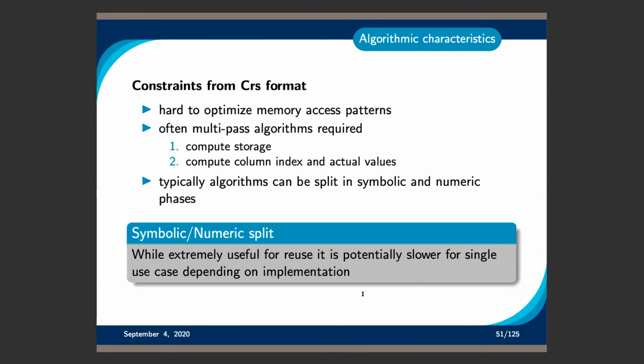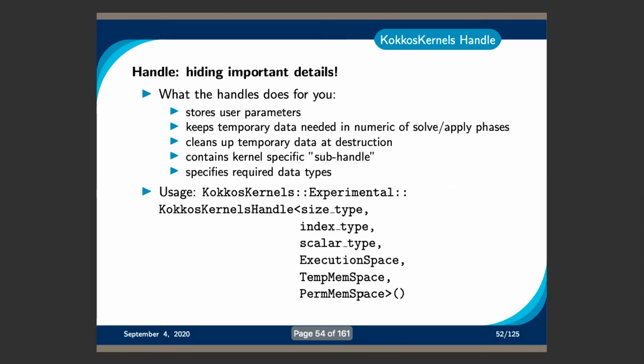Still, symbolic and numeric split is what we would recommend. And if you think of finite element type problems where you might have multiple time stepping and nonlinear iterations, during these iterations you might be able to reuse the same symbolic phases. And by symbolic, again, I mainly mean computing the CRS graph associated with a matrix. I'm going to cover what the CRS graph is next.